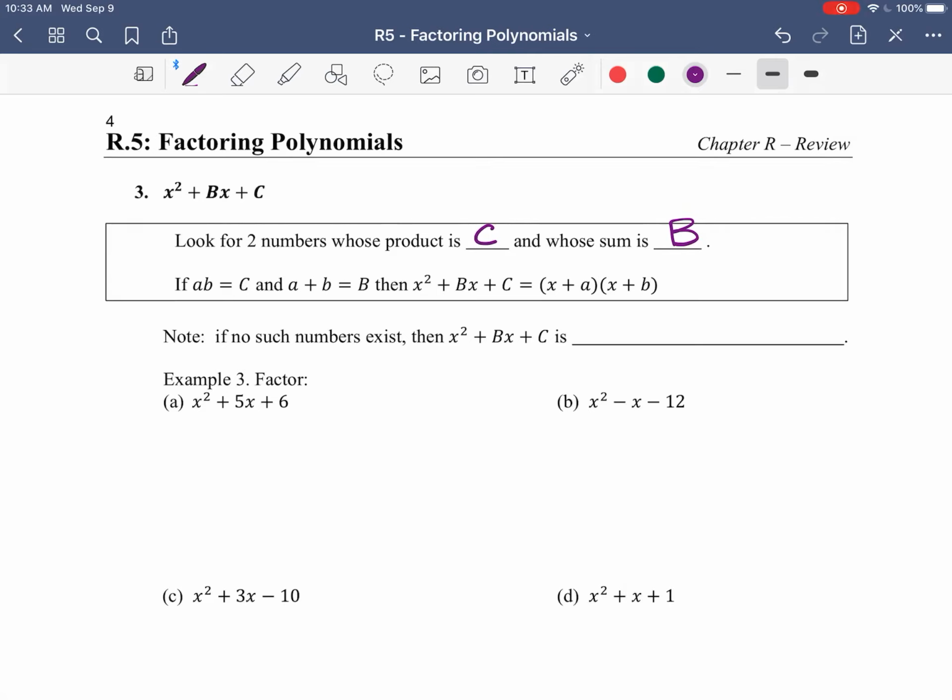Okay, now again, when we get into the next bit, you can see why this is true. So if no such numbers exist, then we say that x squared plus bx plus c is prime. Okay, so what that means is that it cannot be factored with integer coefficients.